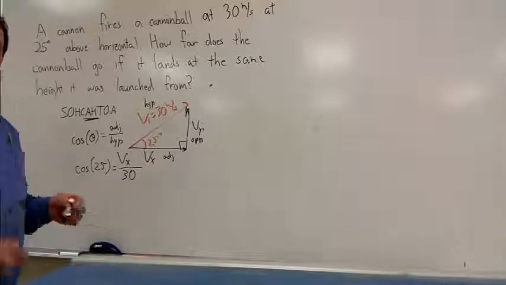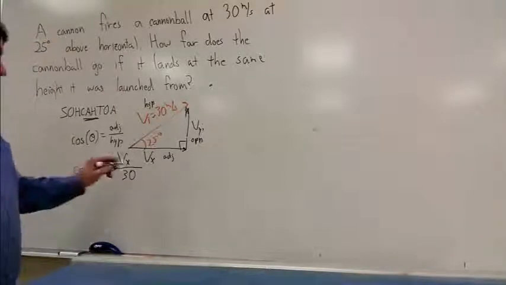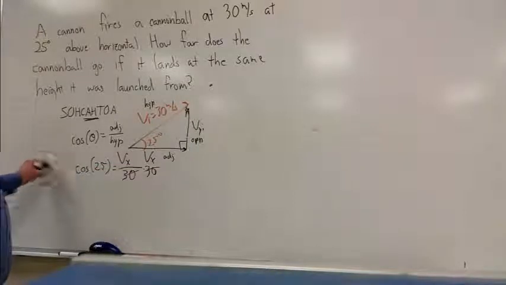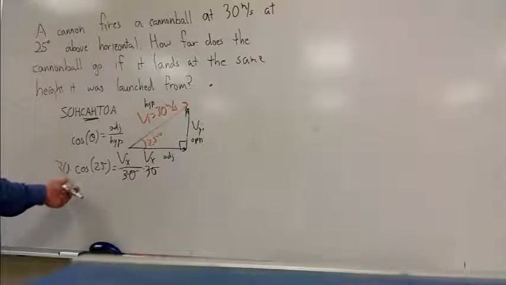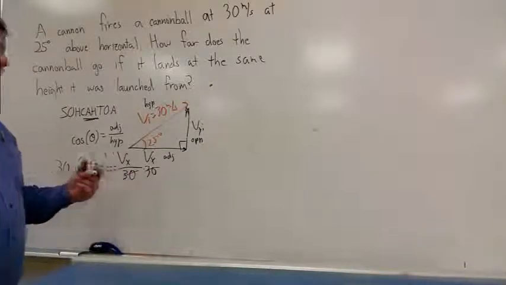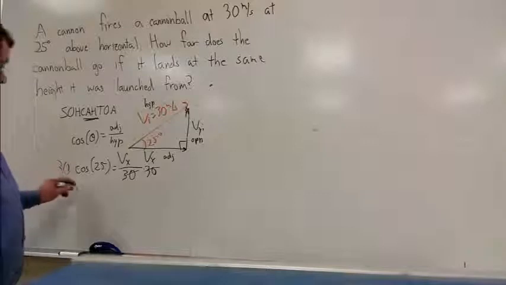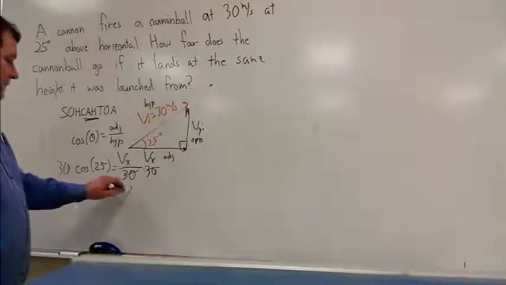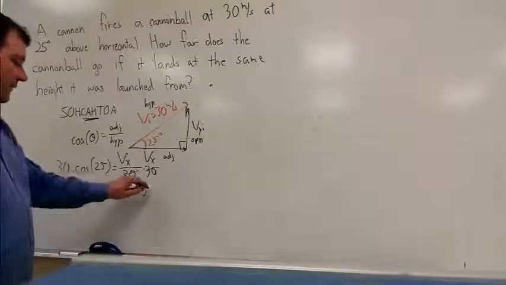To solve this equation, I need to multiply both sides by 30, which is going to cancel it out on the right. On the left, I've got 30 cosine 25. So Vx equals 30 cosine 25.